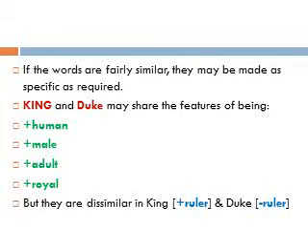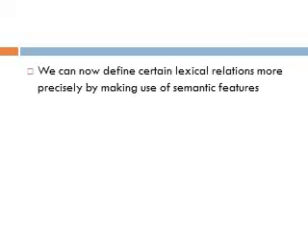So for the king, plus ruler, and duke, minus ruler. So again, one of the benefits of semantic features is that semantic features can help us define certain lexical relations more precisely.